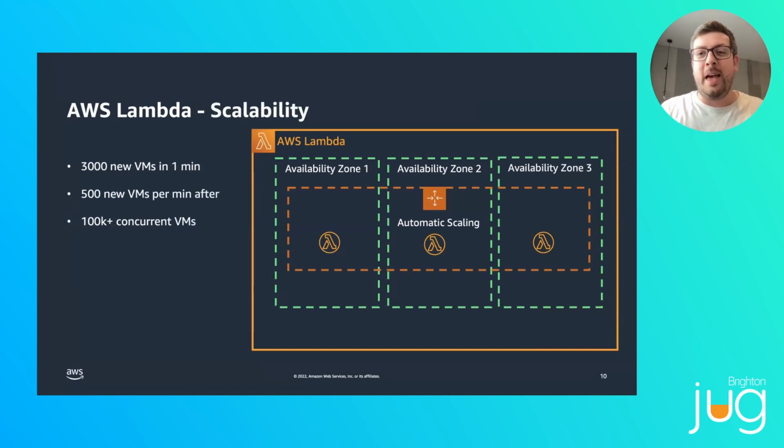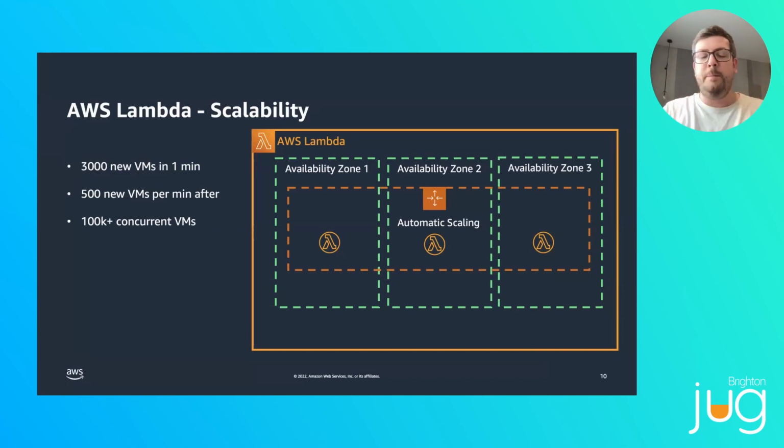A question that I get quite a lot from startups and scale-up customers is, we don't really know what our expected traffic is going to be, so how do we plan for capacity? Well, that's a real strength of AWS Lambda as well, because we will just keep spinning up extra environments for you every time you need one.